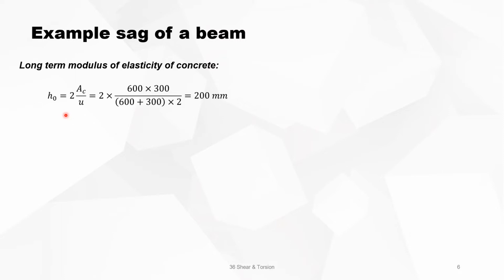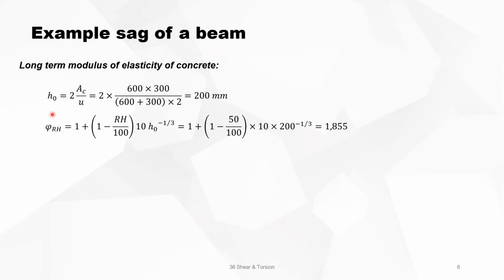Because we don't know much detail of this beam, we suppose that the total area of the beam is in contact with air. So u is 600 plus 300 times 2, that's the total surface, and this is the cross section 600 times 300. So h0 is 200.